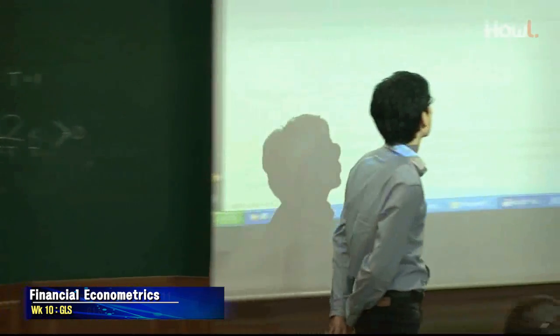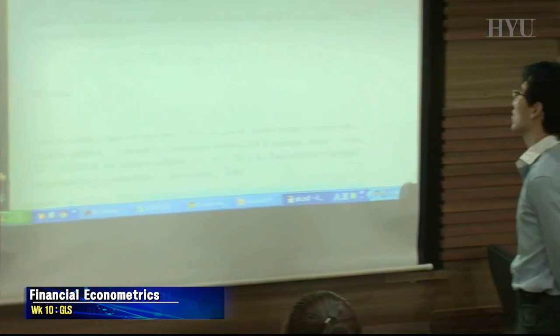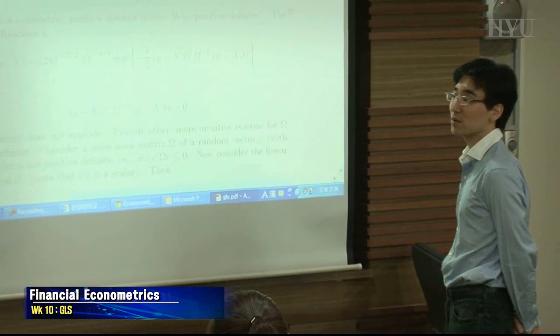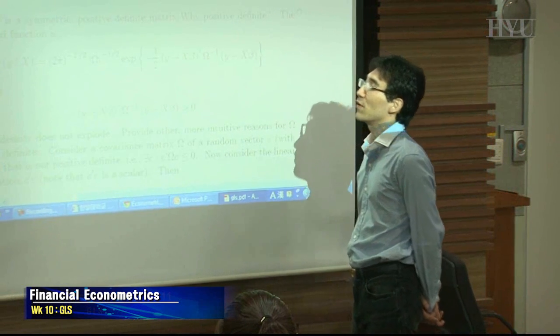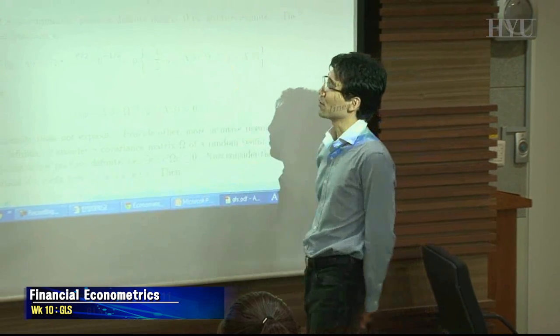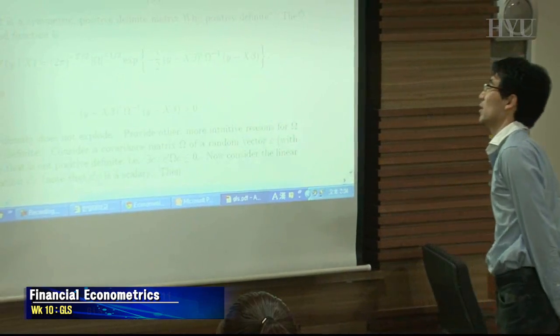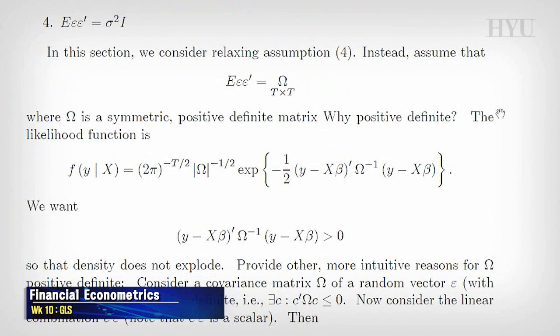The mean of y given x is simply x beta, and the covariance matrix of y given x is simply omega. And we want this part greater than 0, likewise this part greater than 0, so the density does not explode.